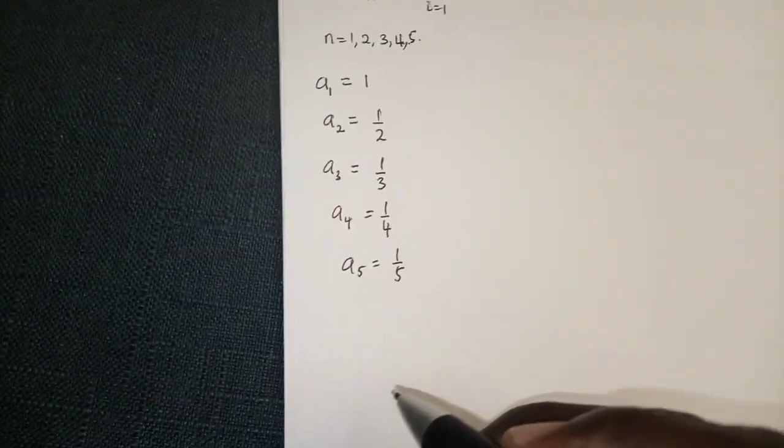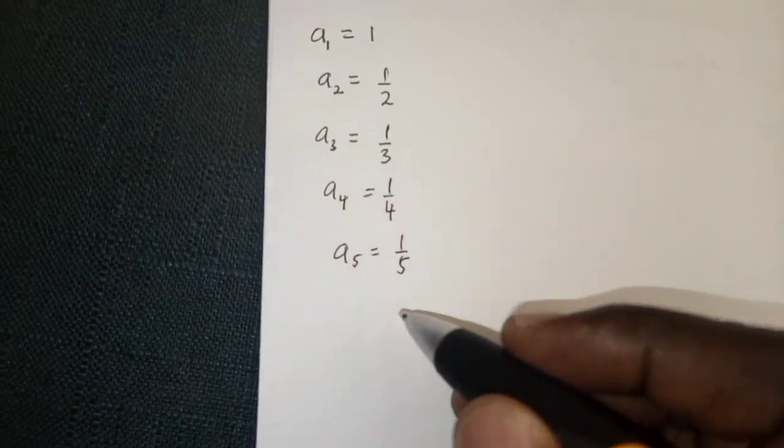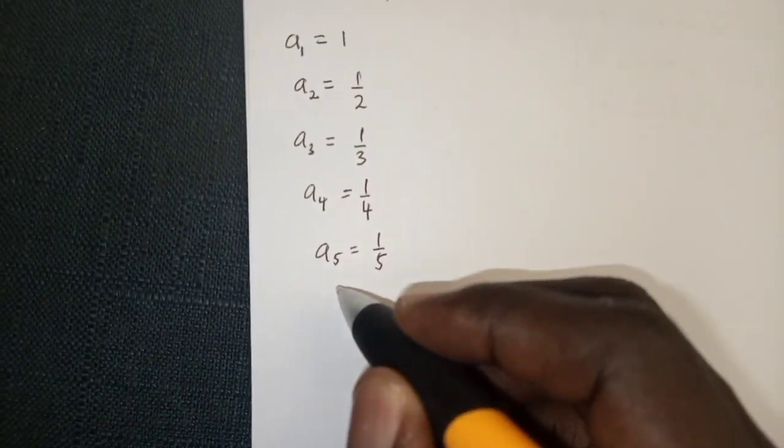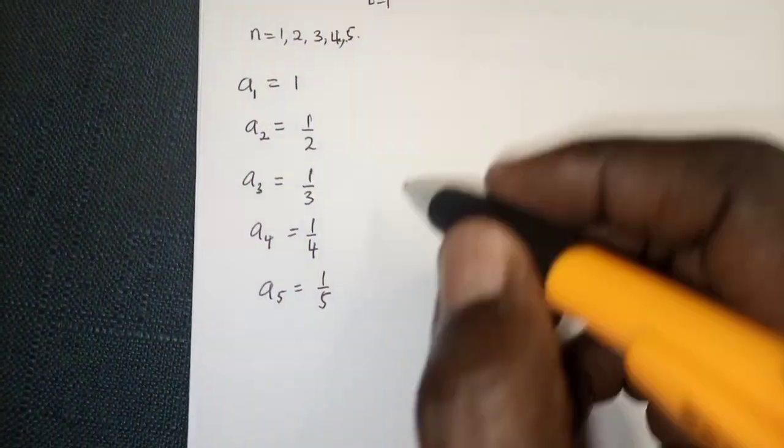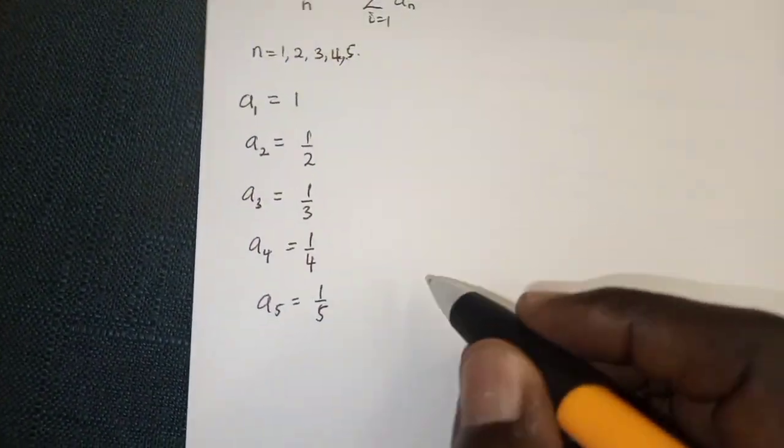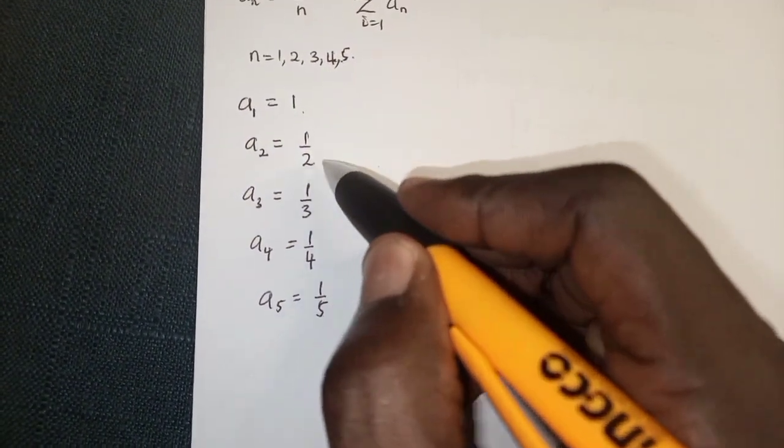The summation will be, we add all. Okay, so summation meaning add all. So you add this plus this plus this plus this.